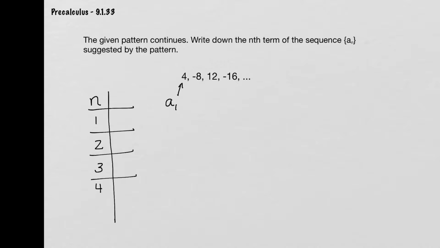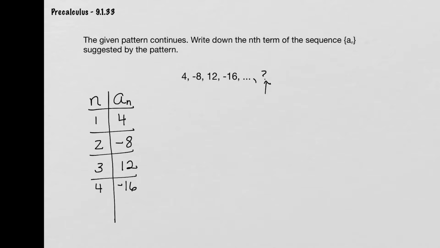So this is a sub 1, this is a sub 2, this is a sub 3, and this is a sub 4. And of course the pattern continues, and the question is, what is the formula to give me a sub n? All right, so when n is 1, then a sub n is 4, a sub 2 is negative 8, a sub 3 is 12, and a sub 4 is negative 16.